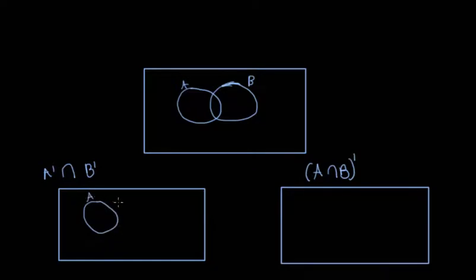We've got A and we've got B, and we've got A and we've got B. Now with this one, we need to be really careful with where the brackets are and where the wee dash is denoting the complementary set. So this means A dash, that means everything that is not in A. And this means everything that's not in B, and their intersection.